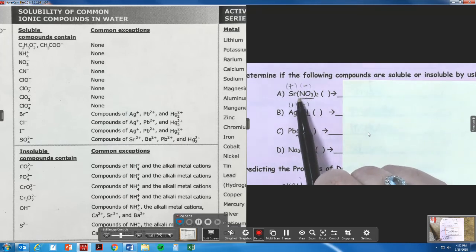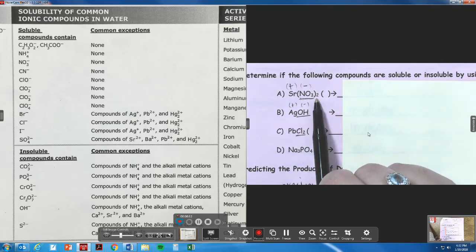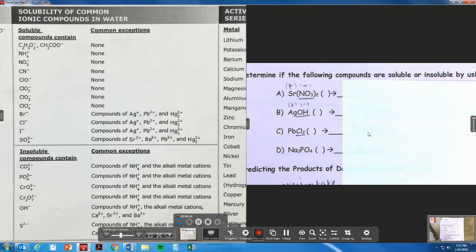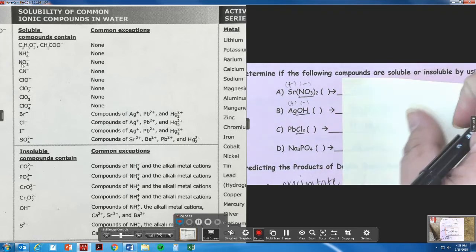So in this case, we're always going to be looking at that second ion. In this case, it's nitrate, NO3. So we're going to look at our table. NO3 is right here. Our table tells us NO3 is a soluble compound, and it has no exceptions, so it's always going to be soluble.